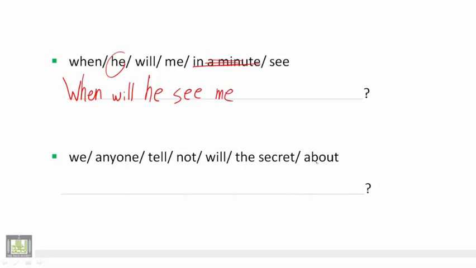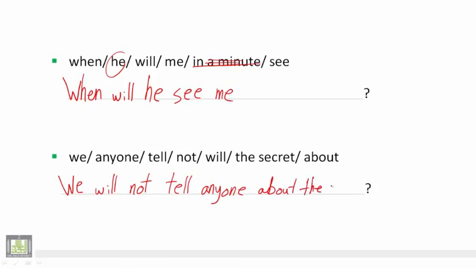Number 2, we start with we will not tell anyone about the secret.